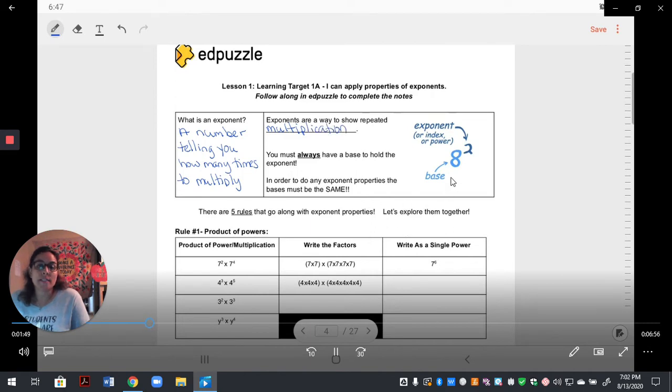Remember, you always have to have the base. In this case, the base is 8, and your exponent is 2. So this would be 8 times 8. You're going to multiply 8 twice.